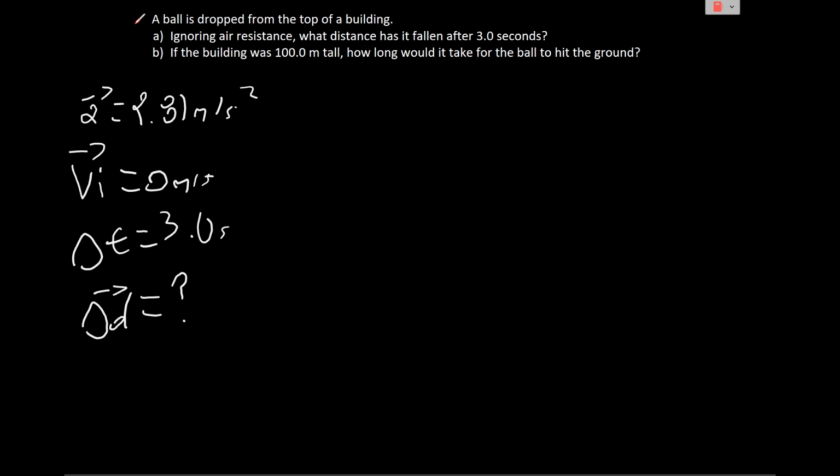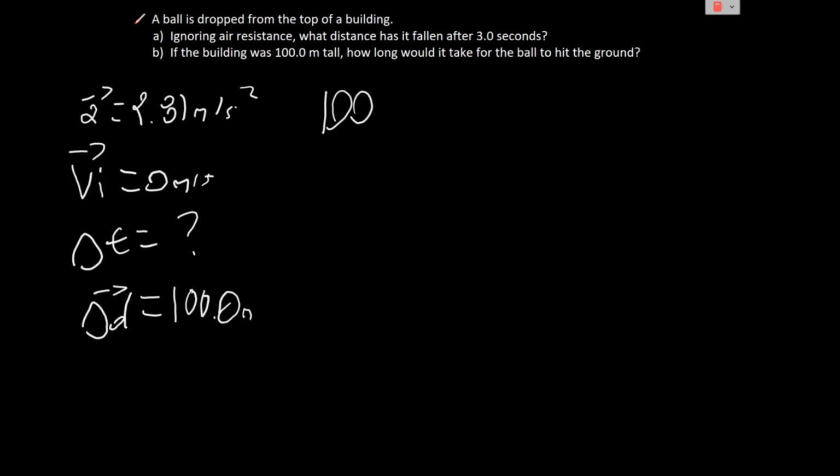If the building was 100 meters tall, how long would it take for the ball to hit the ground? It looks like here we are now given a height of 100.0 meters, and now we are looking for the time. Now using the same formula, solve for the time to see how long it will take for the ball to hit the ground.